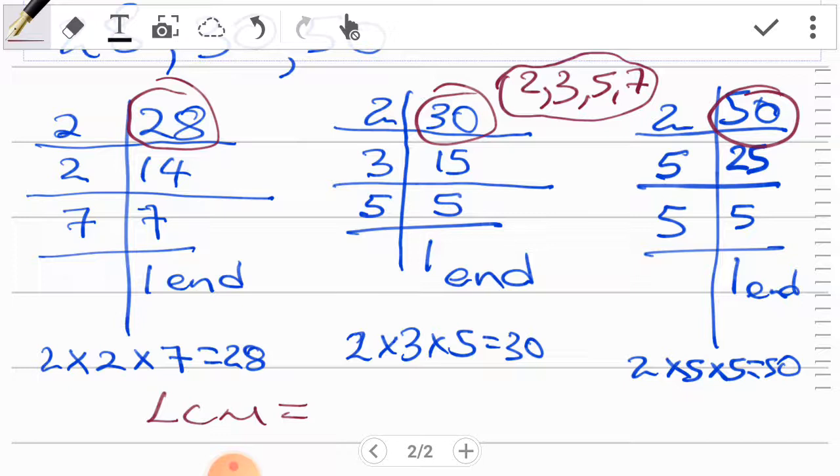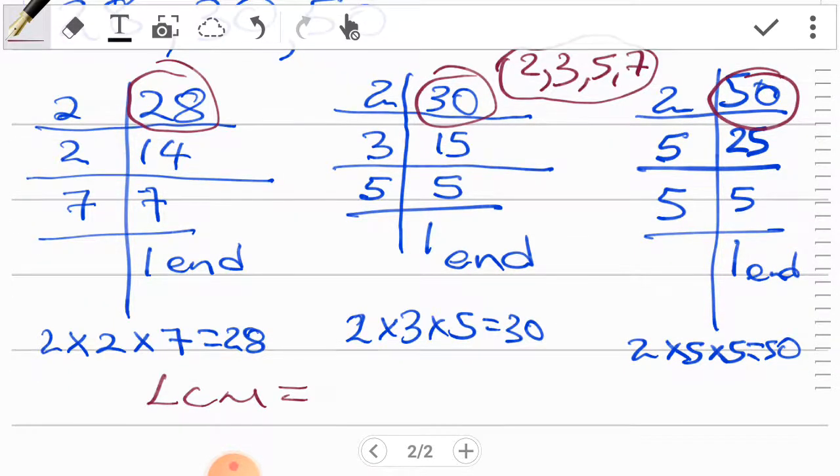So let's examine the 2, and this is how we choose. You're seeing that we have a 2 here, we have a 2 here, and we have 2's here. You are to compare and pick the one with the most. So this is a 1, this is a 1, and here I have 2. So I'm going to use the two 2's because the 2's are stronger here.